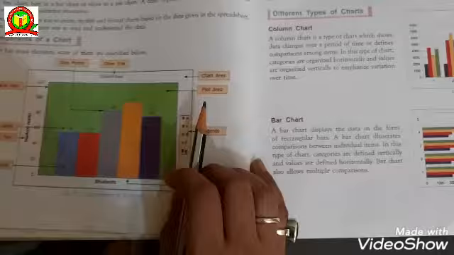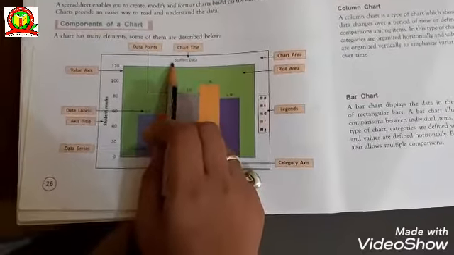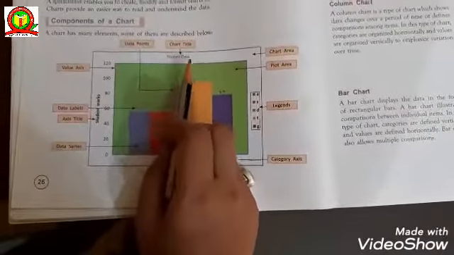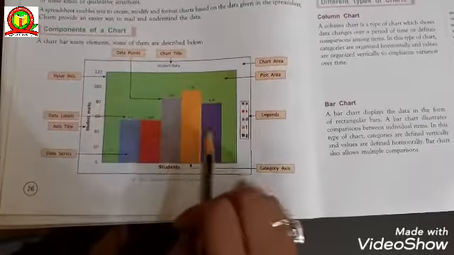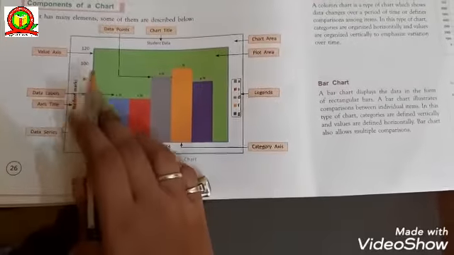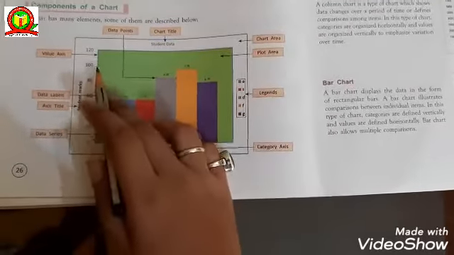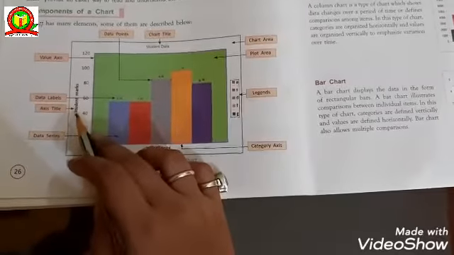Okay. So here you can see the chart title, which is given as student data. It means that it is the students' data. Here is the axis title. Student marks is written as these numbers are allotted according to the student marks obtained.